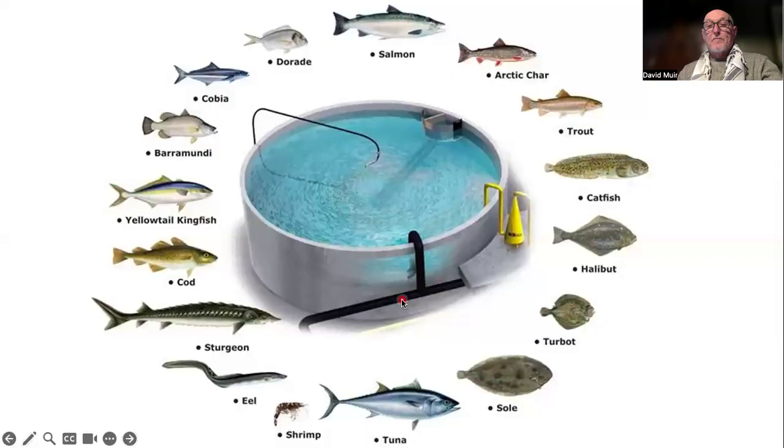And the number of different kinds of fish which are either currently being farmed or which have potential to be farmed is enormous. They vary from relatively small fish to extremely large fish like sturgeon. And these are all fish which have a very, very high value on the market.